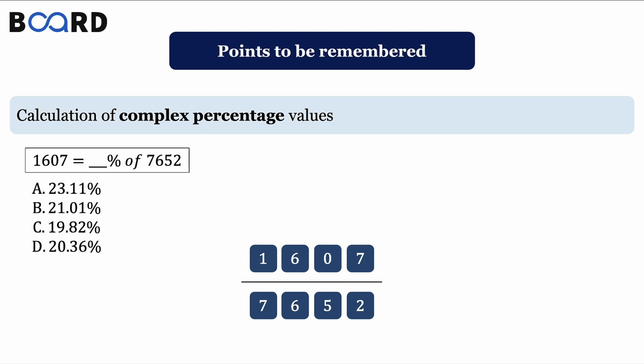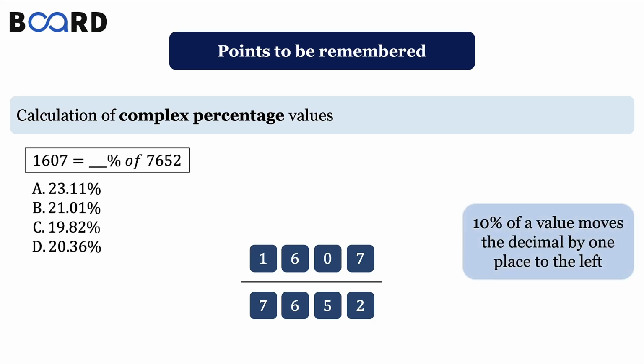Now, the thing about 10% that I was telling you is that 10% of a value moves the decimal by one place to the left. What the chicken wala has done is he knows that 1000 grams costs rupees 240. So 100 grams will be costing rupees 24. That's the 10% wala rule. So if 100 grams costs rupees 24, then 300 grams will cost rupees 72.